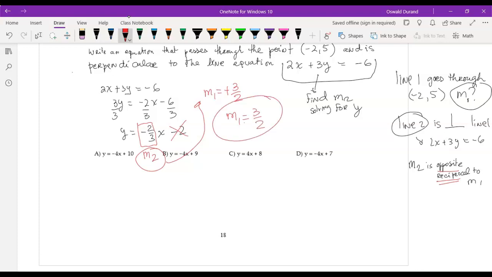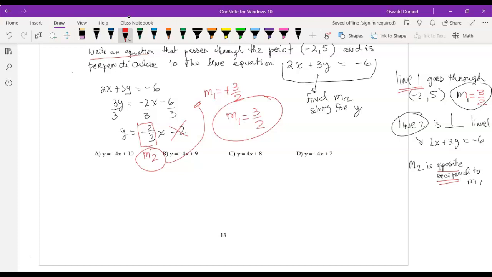Okay, mission accomplished. Now I have a point and a slope for line 1. And that's what I'm interested in, right? I need to write an equation that passes through the point negative 2 and 5 and then has a slope of 3/2.